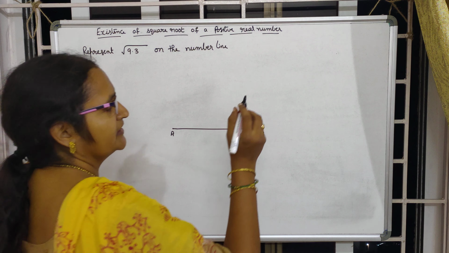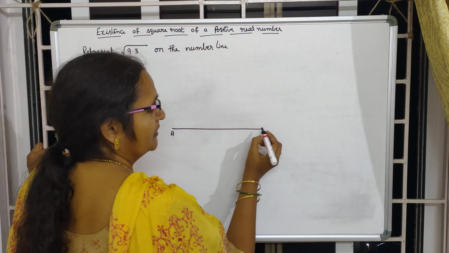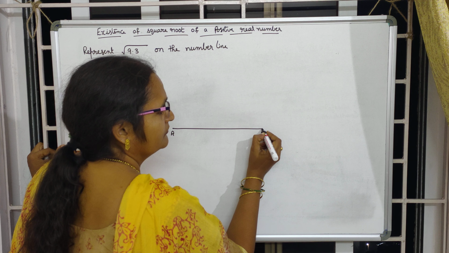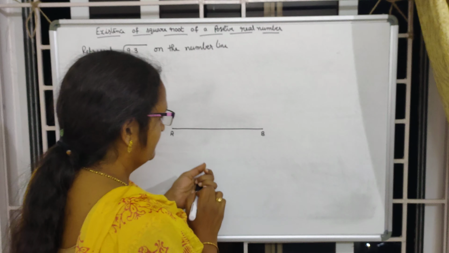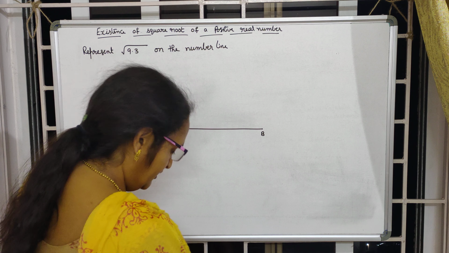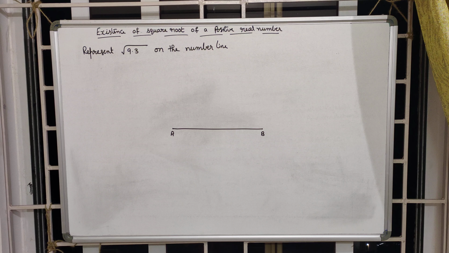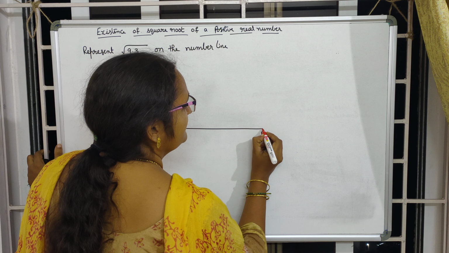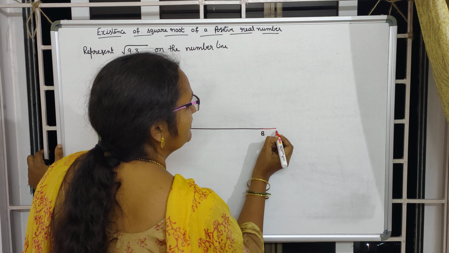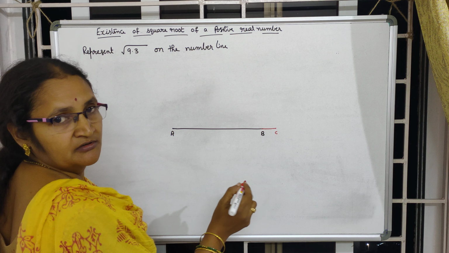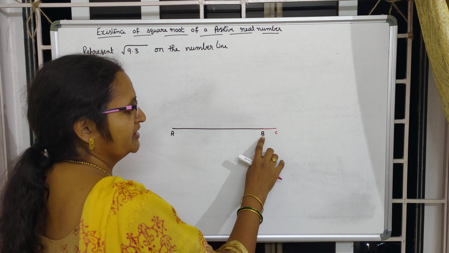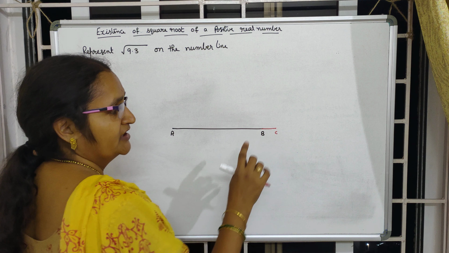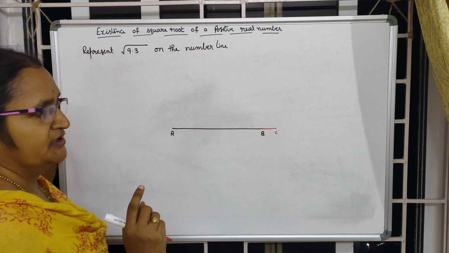Clear? In the second step, what are we going to do? We have placed the scale there. We extend B to C in such a way that BC equals 1 centimeter.